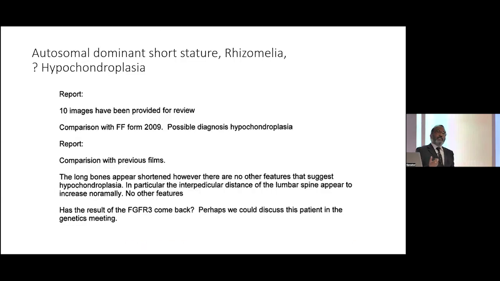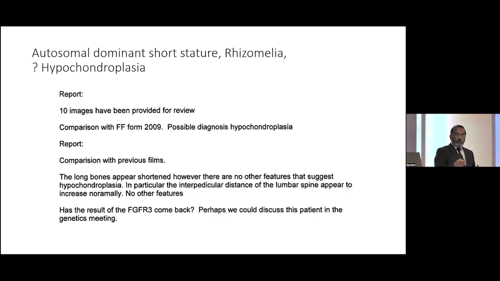So the initial clinical suspicion was hypochondroplasia, because he had short limbs, mainly this part of the limb and the thigh bones. We then did some X-rays to look for other features of hypochondroplasia, which he did not have.